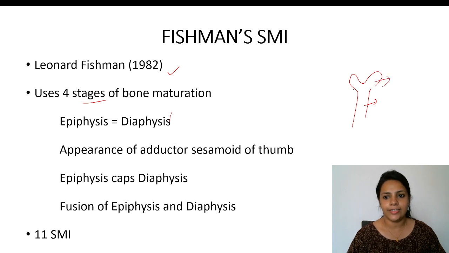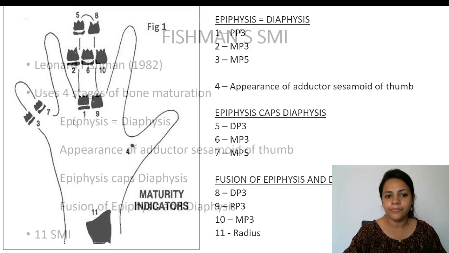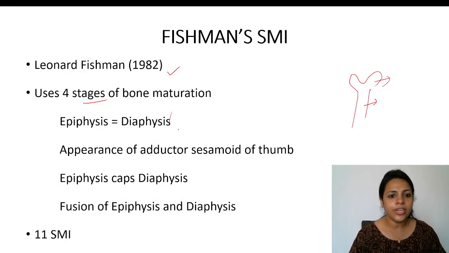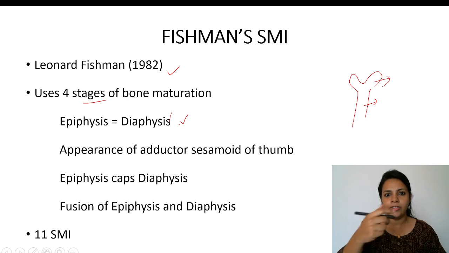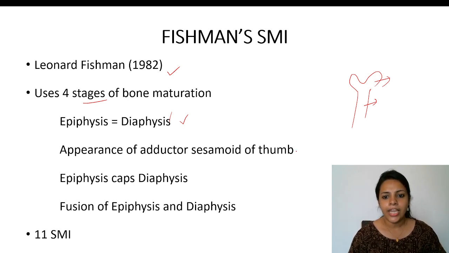So if a bone is this way, this portion is the diaphysis, the rounded end is the epiphysis. Okay, so the 4 stages of bone maturation that Fishman has given: the first stage is where the epiphysis is equal to the diaphysis. When I say that, I am talking about the width of the end. In between there is a stage where there is appearance of a bone called the adductor sesamoid.